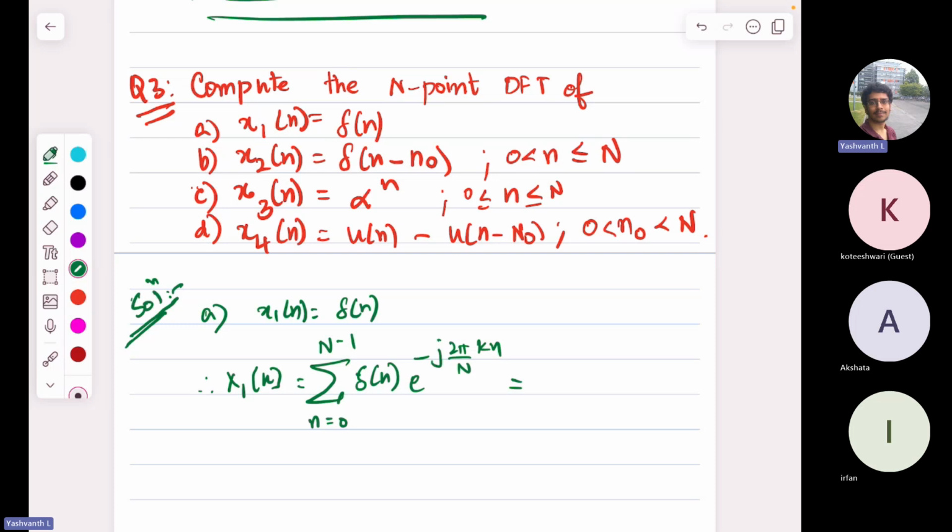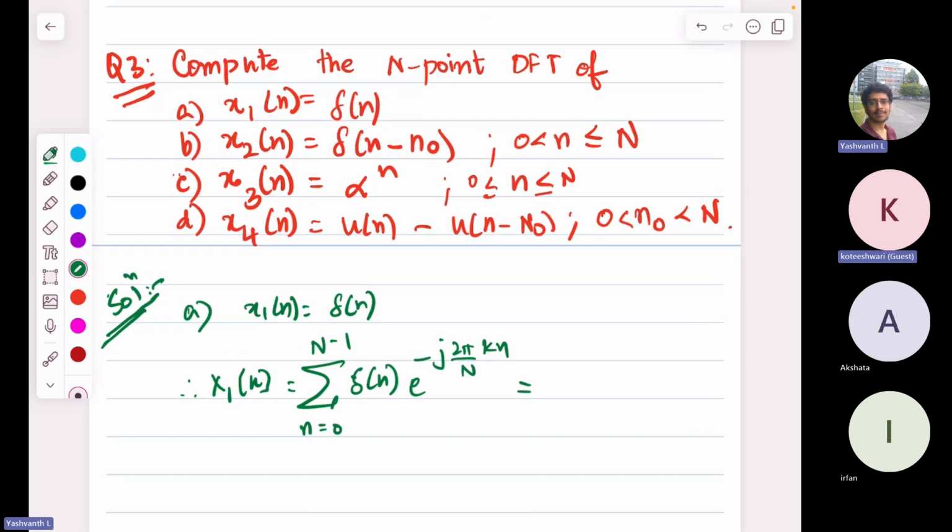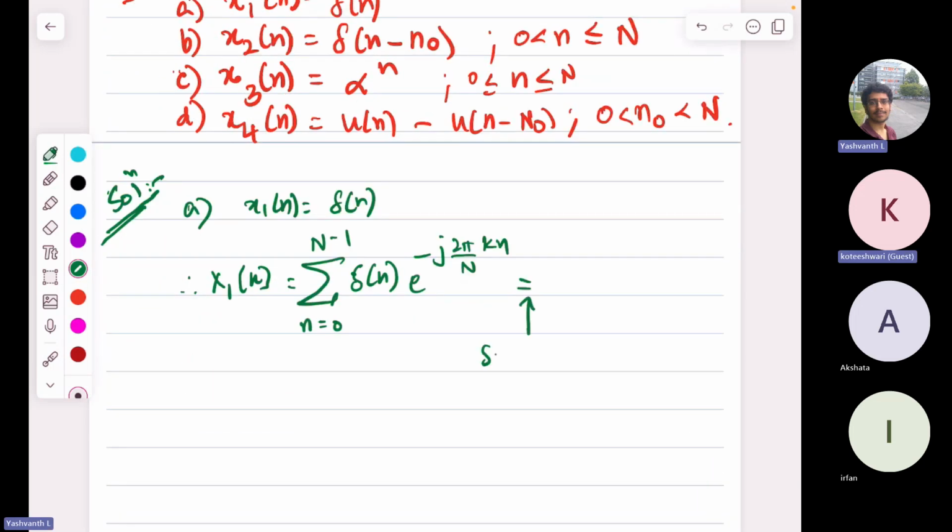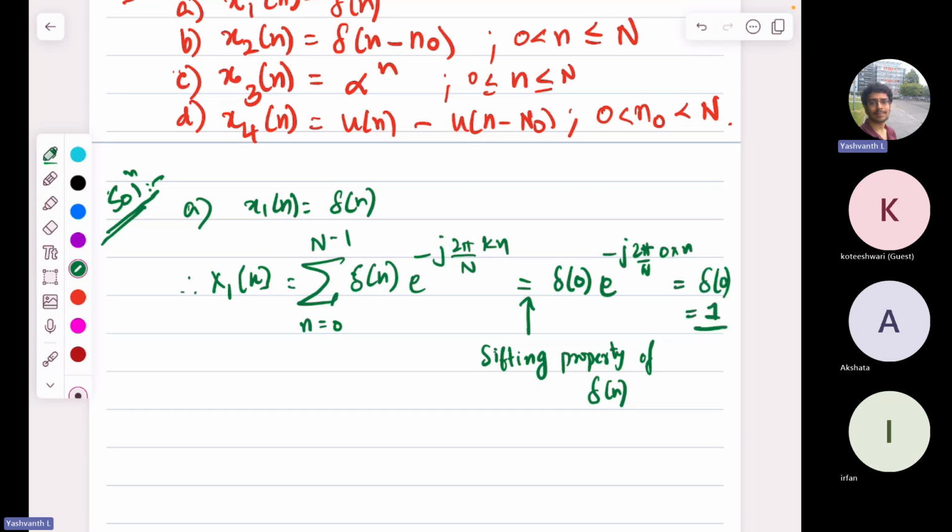I'm going to use the shifting property of your impulse function. That is nothing but delta of 0 into e power minus j 2 pi by N into 0, which is delta of 0, equal to 1. This is true for all k. Therefore, for all k, your x1 of k is equal to 1.